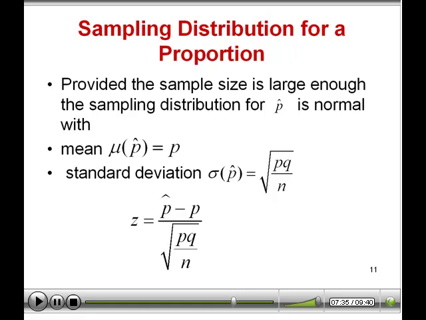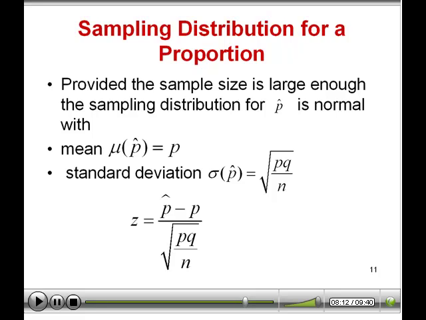This slide says it all. If the sample size is relatively large, sample proportions are normally distributed with a mean equal to the population proportion and a standard deviation equal to the square root of P times Q over N. Since sample proportions are normally distributed, calculating z-scores will be the secret to answering questions about sample proportions.